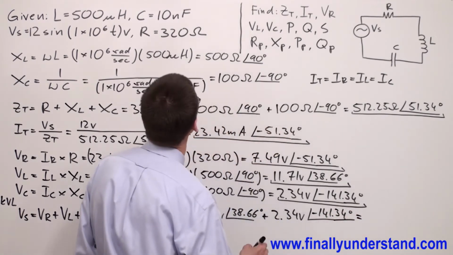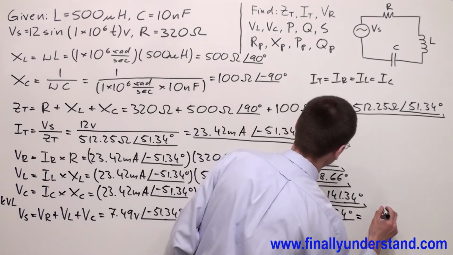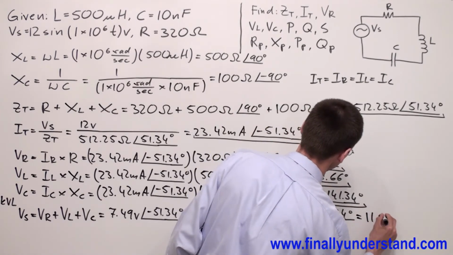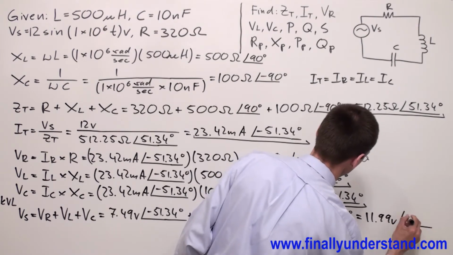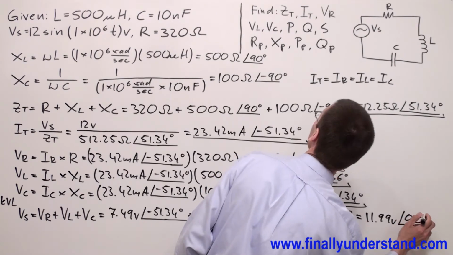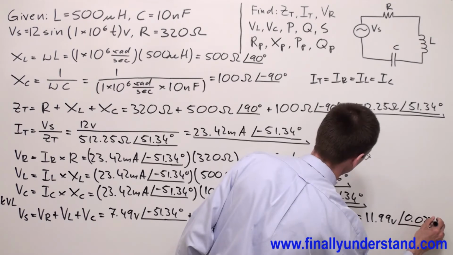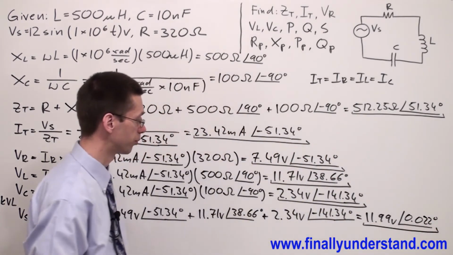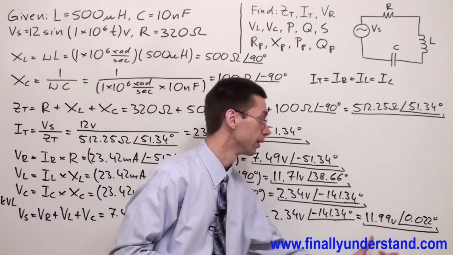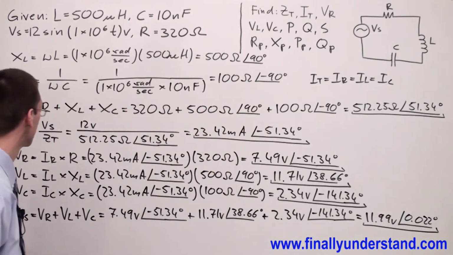Your answer is supposed to be 11.99 volts and angle of 0.022 degrees. Now we're supposed to compare this value with the given voltage source.